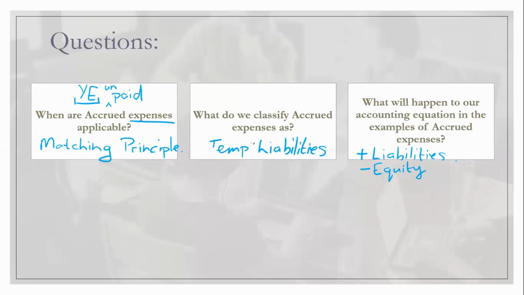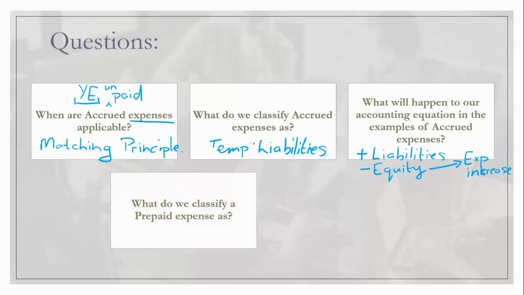Equity decreases because our expenses increase. Okay, next question.